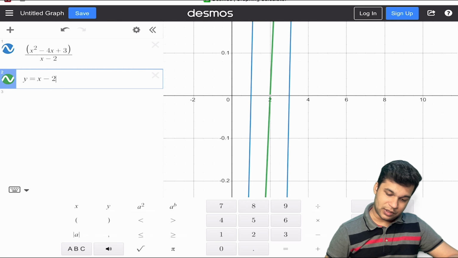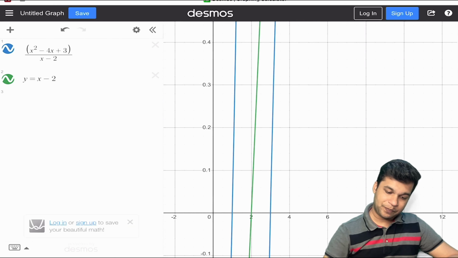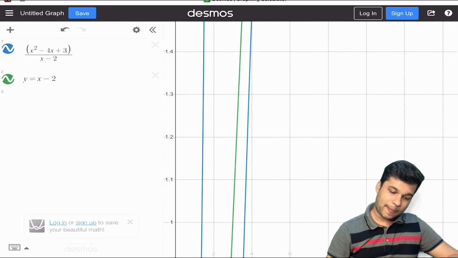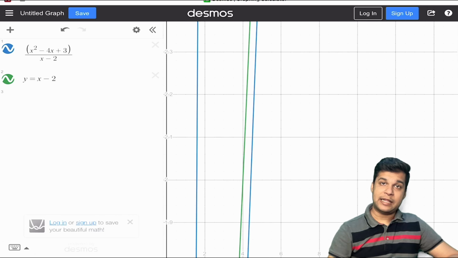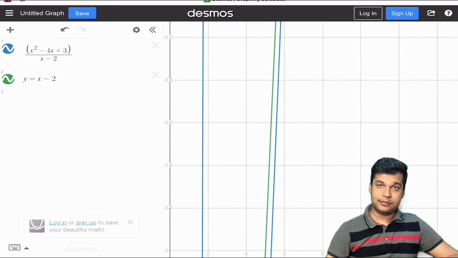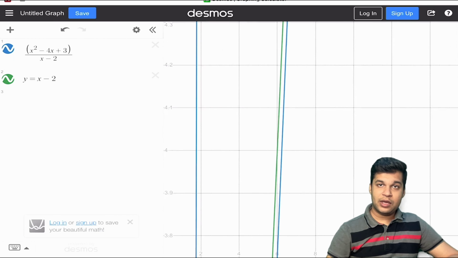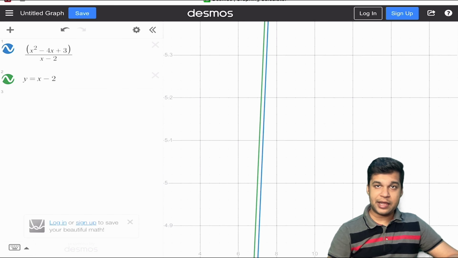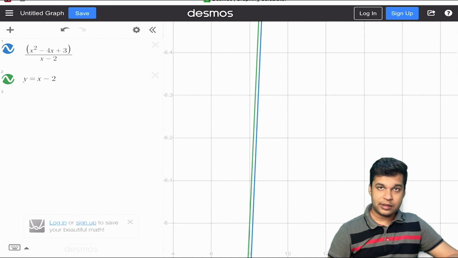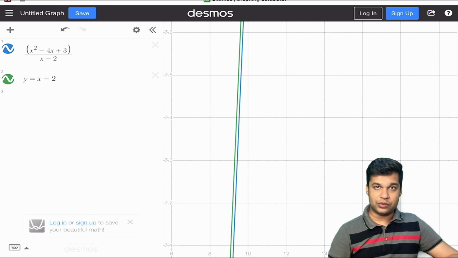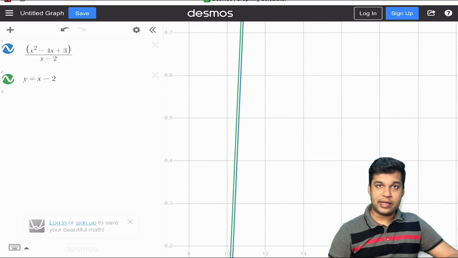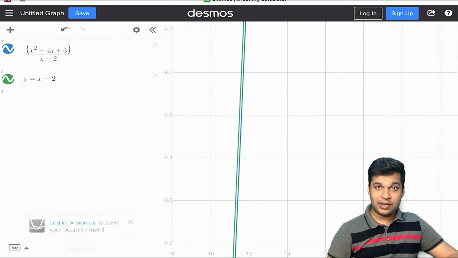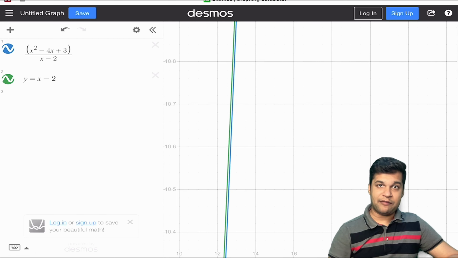If you observe, let's go up and up. You can see the green line is trying to touch the blue line. They're coming closer and closer, very close, but I don't think they will ever meet.